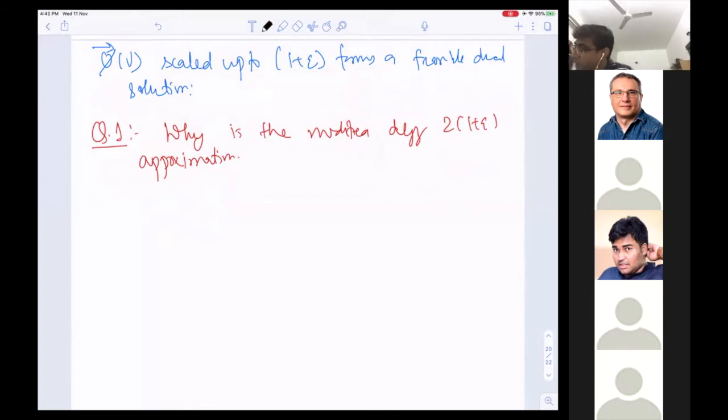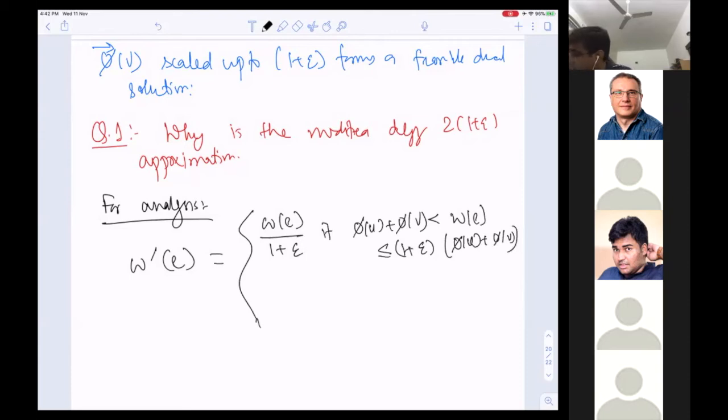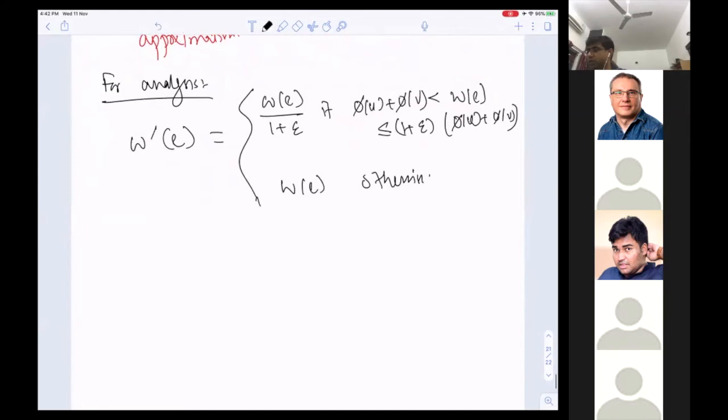So I'm going to define, for analysis, a new weight function, which is the following: 1 plus epsilon times weight of e if phi u plus phi v is less than or equal to weight of e, which is less than or equal to 1 plus epsilon times phi u plus phi v, and weight of e otherwise. So this is my new weight function.